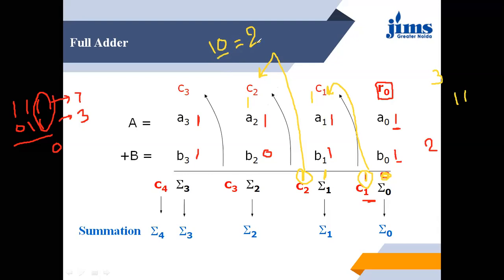So this is 2, 2 plus 0 is 2, and we can write 0 and 1. Now this one also we have to use as a carry for the next bit. So this is also 1. So 1 plus 1 is 2, 2 plus 1 is 3. So 3 has to be written as 1 and 1.